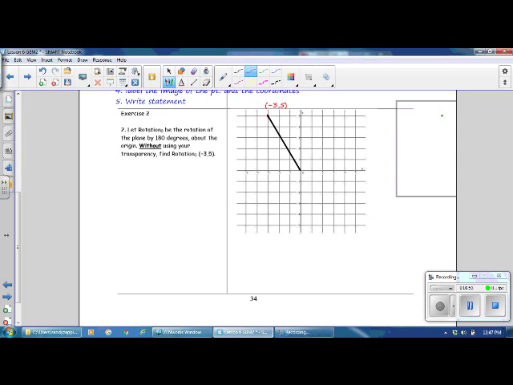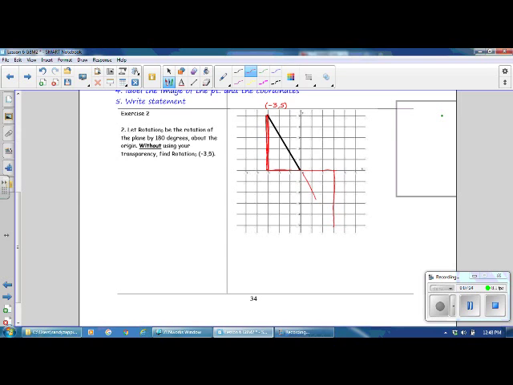The other thing that we know is that the distance to the x-axis will also be preserved, and the distance to the y-axis will also be preserved. So the distance on the x-axis is 3, and it will remain 3. The distance along the y-axis is 5, and it will remain 5.